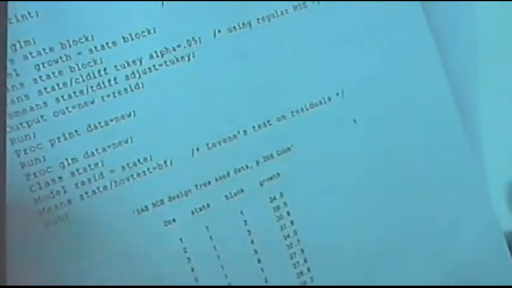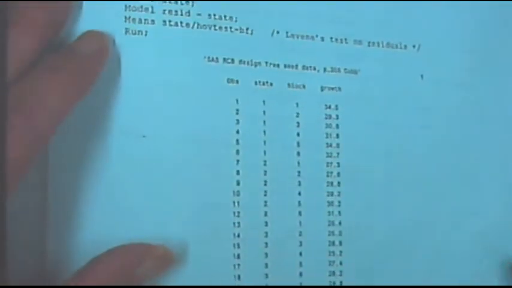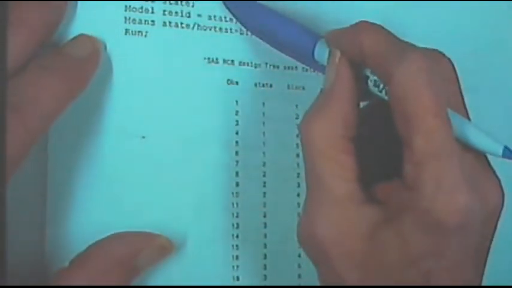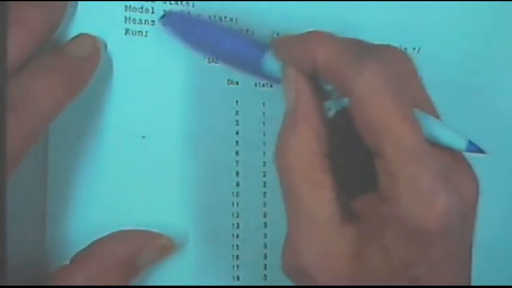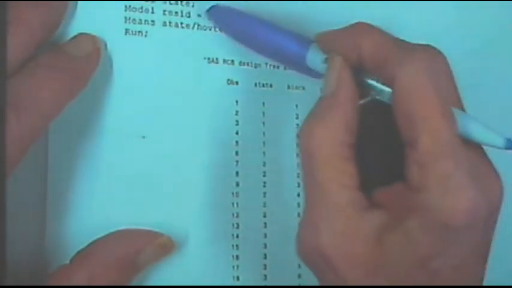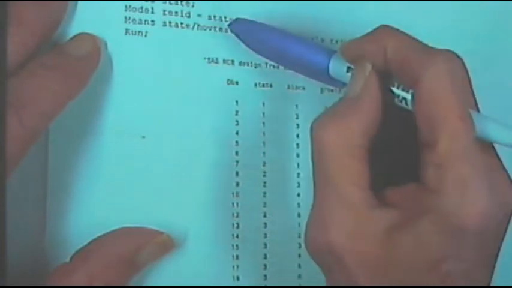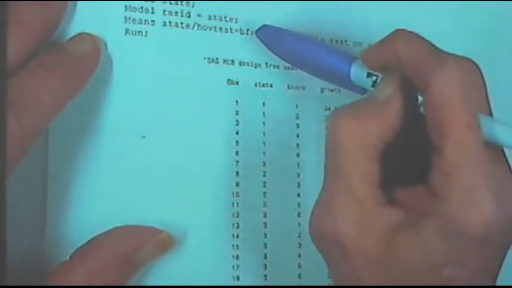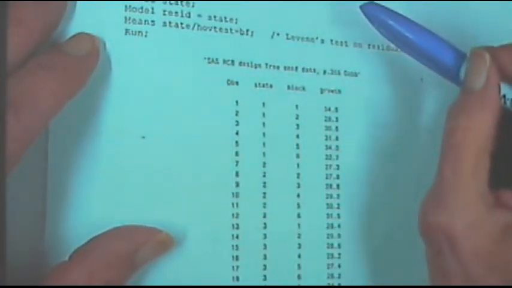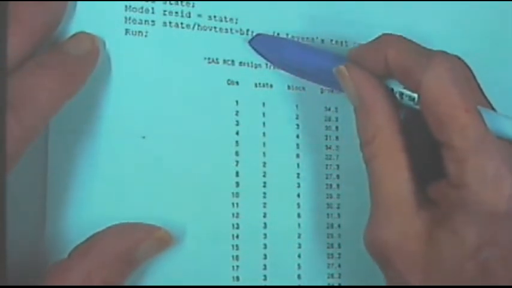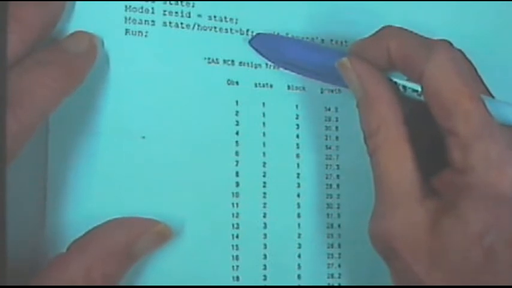Well, now I'm going to use proc GLM, data equals new, class is state, model resid equals state, means state slash test equals BF. So basically what I'm doing here is to run the means test on the residuals.